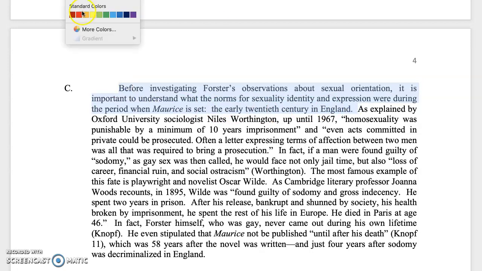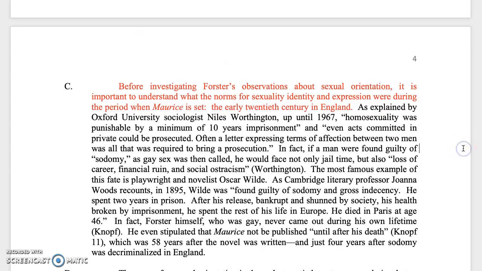So it says, before investigating Forster's observations about sexual orientation, it is important to understand what the norms for sexual identity and expression were during the period when Maurice is set, the early 20th century in England. So it's telling the reader, okay, before I get into my main argument about Forster's observations, we need to know this background information on this topic during this period. So it's very narrowed and focused.